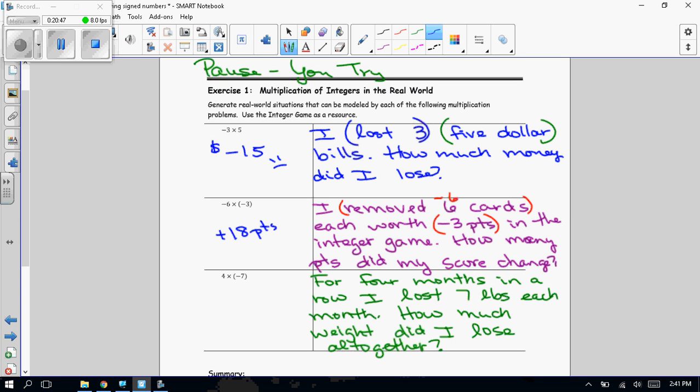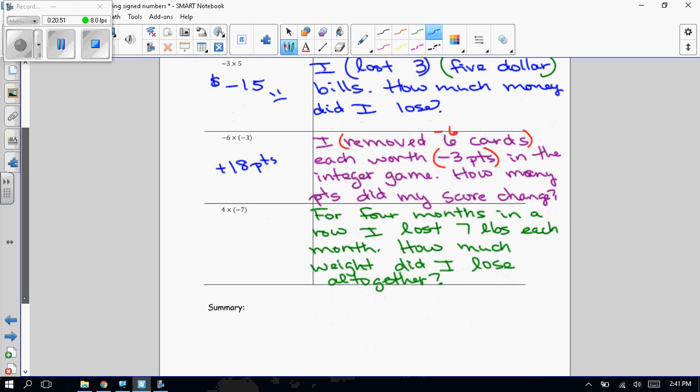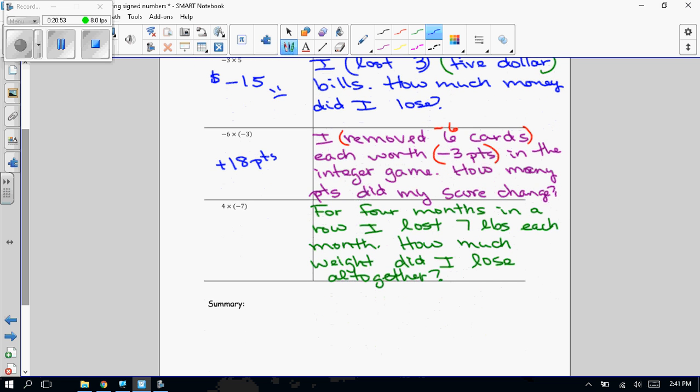And then the last one, I think I've told you all that I had lost a bunch of weight last year, so here's an example of something like that. For 4 months in a row, there's my 4, I lost 7 pounds, there's that negative 7. I lost 7 pounds each month. How much weight did I lose altogether?